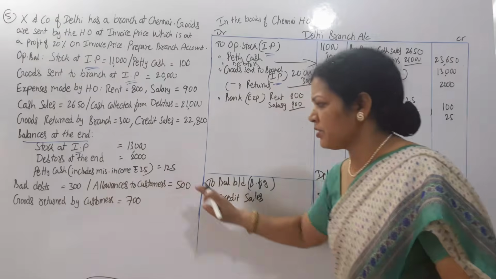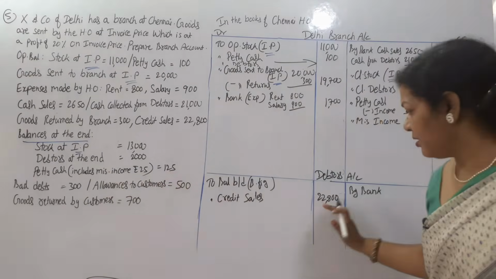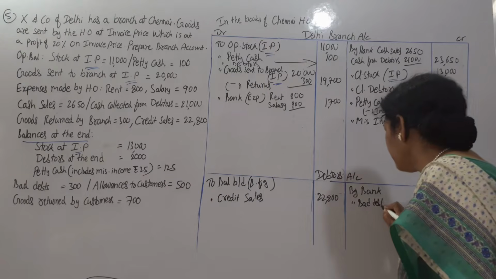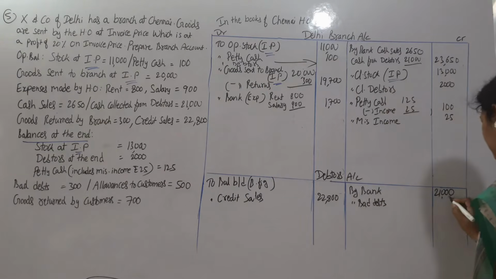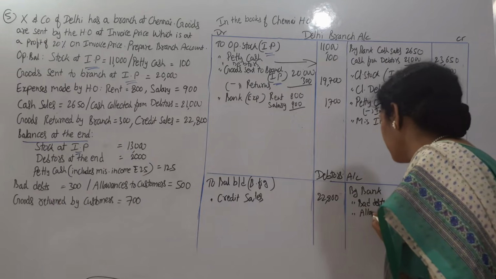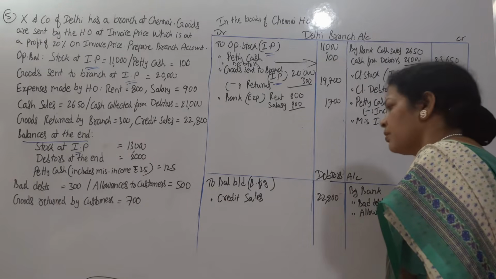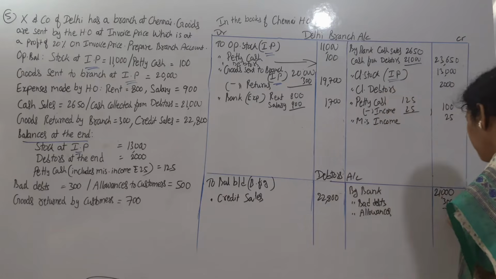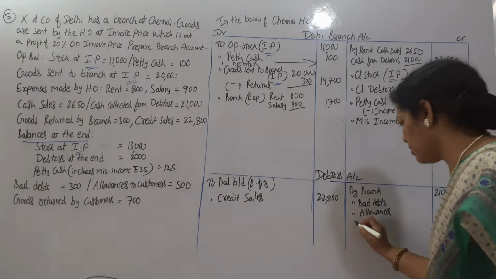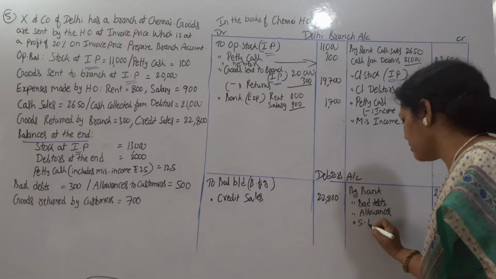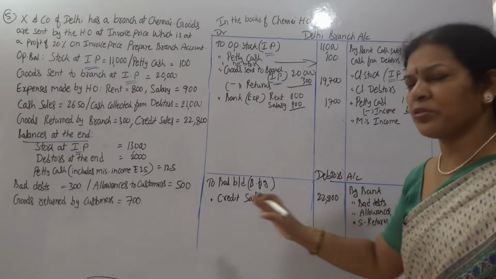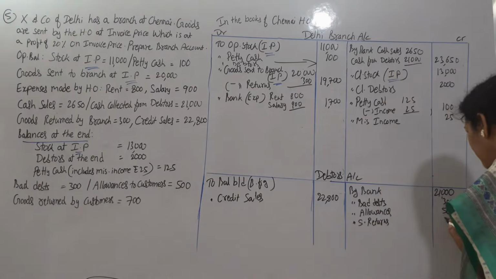Then after that, bad debts. These three come on the credit side. Bad debts, it is 300. Allowances 500. And also goods returned by customers, sales returns, you can write as it is, 700.